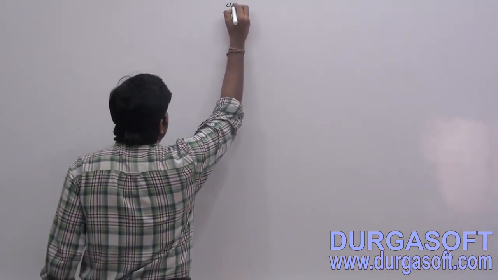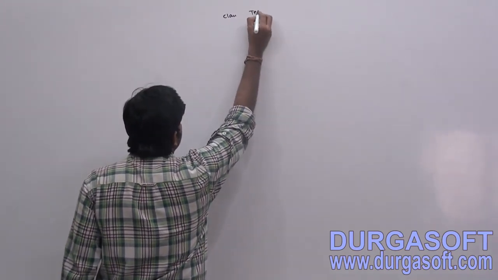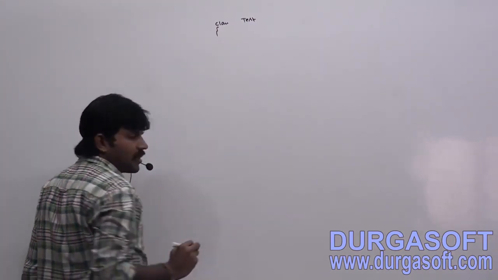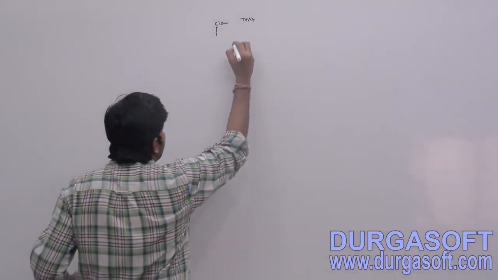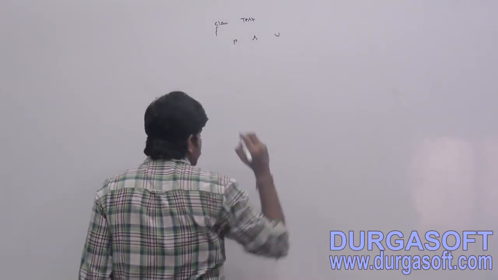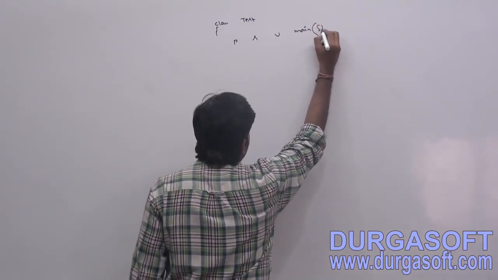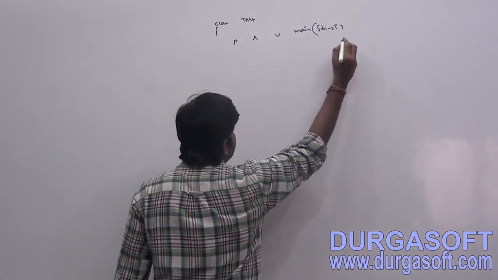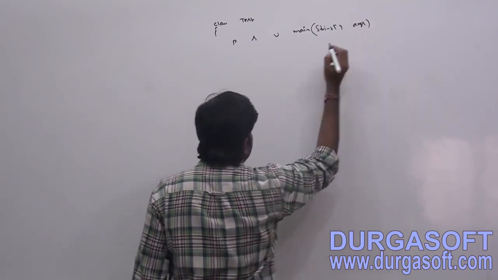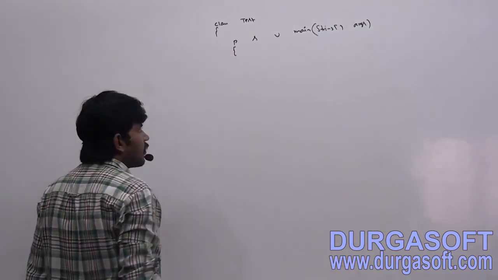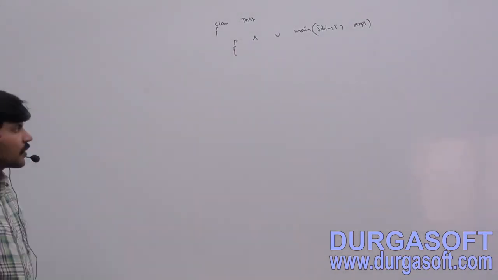Here I'm taking a class test. Now public static void main method, public static void main(String[] args).